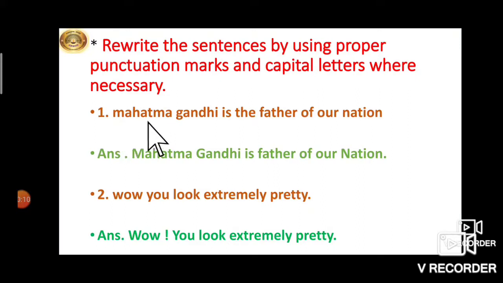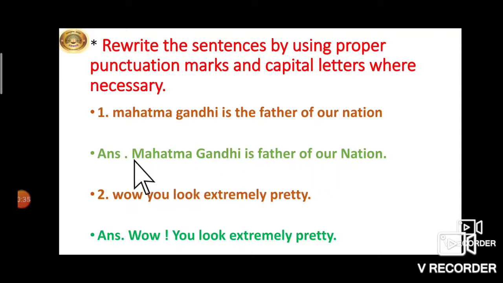The first is Mahatma Gandhi is the father of our nation. Now whenever you begin a sentence, your first letter of a word should be capital, and there is a full stop. And Gandhiji is a name, so G will be capital.